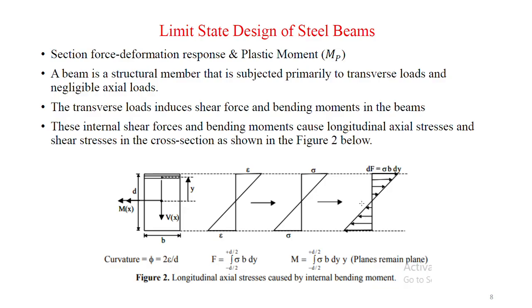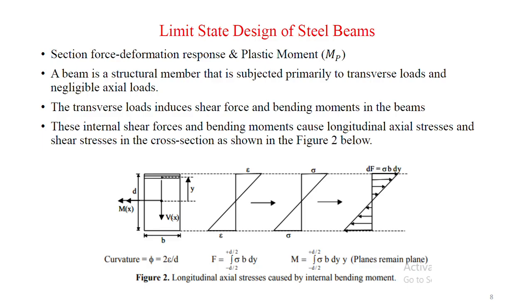This particular graph indicates the stress-strain curve for the selected beam, which has dimensions depth d and width b. It will carry the load, bending moment as well as shear force.